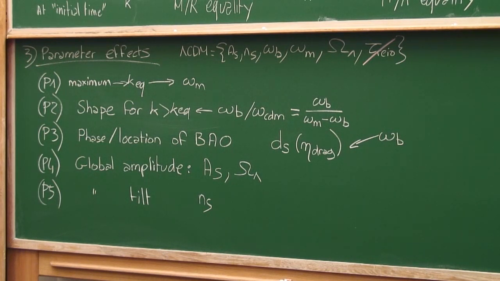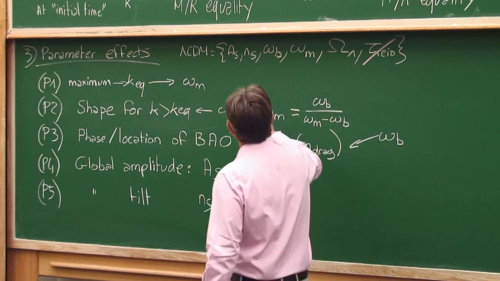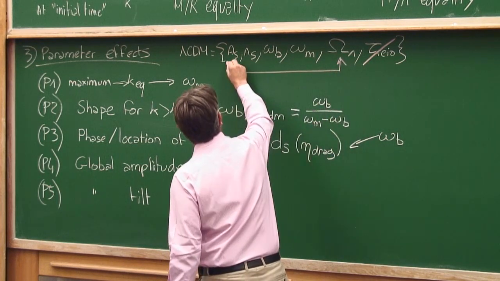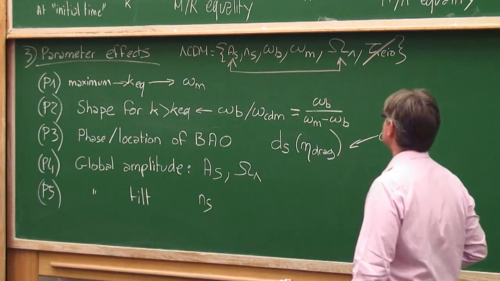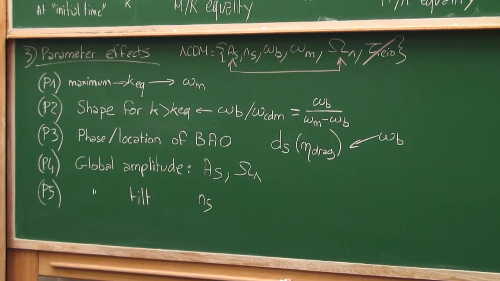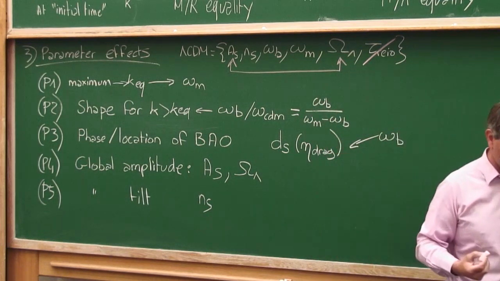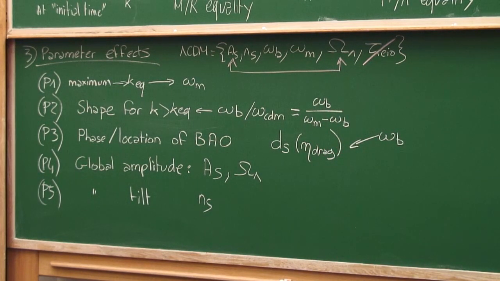So it seems that we are left with 5 parameters and 5 effects. Sounds good, but this is too naive. In fact, AS and omega lambda are completely degenerate. If you map the power spectrum at a given time, they are completely degenerate. Moreover, with current experiments, the best reconstruction we have on the matter-power spectrum is from galaxy redshift surveys.